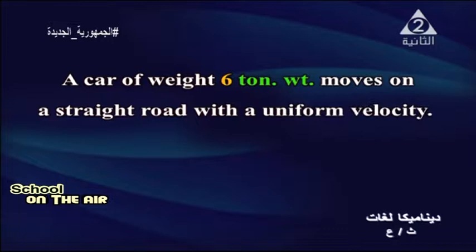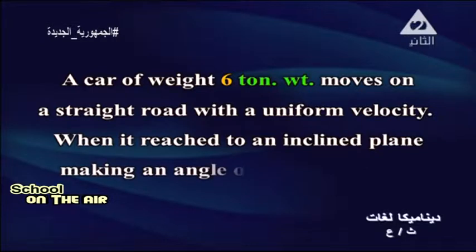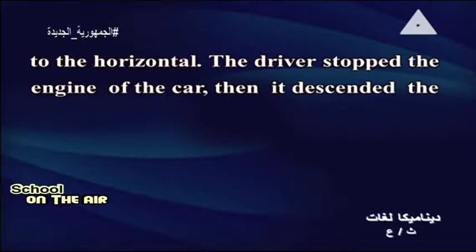Another question. A car of weight 6 ton weight moves on a straight road with a uniform velocity. When it reached an inclined plane making an angle whose sine is 1/50 to the horizontal, the driver stopped the engine of the car.